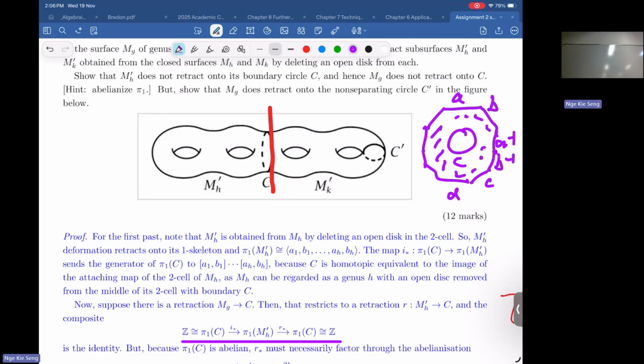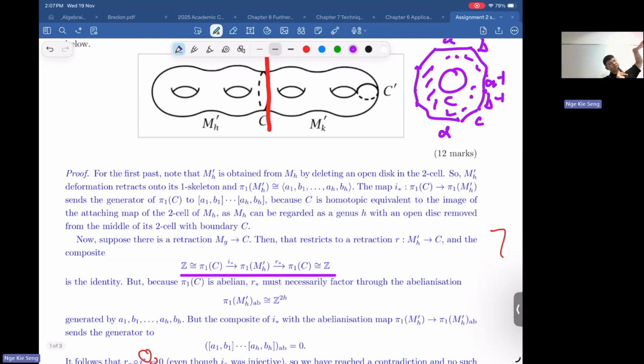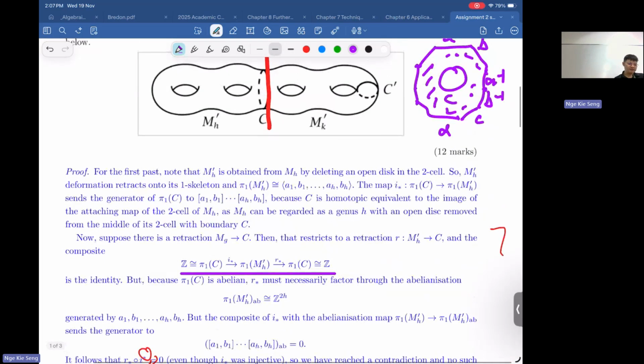Your contradiction will use that i star is injective, but after you compose, you get 0. You don't get back your C anymore. Because in this pi 1 of M H prime, the image of the attaching map around this one-skeleton should be 0, because there's a two-cell attached around it. And the other thing is we can retract to C prime.